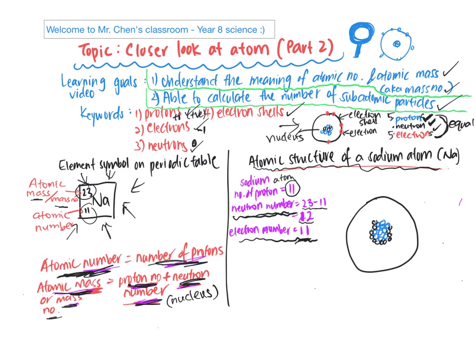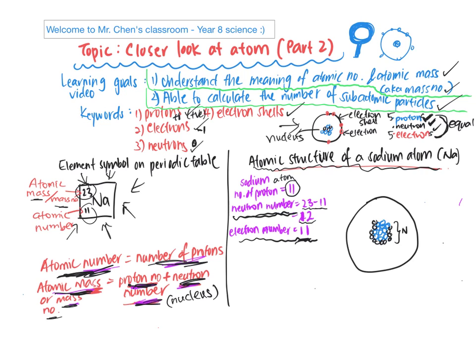So as we know, the nucleus here consists of protons and neutrons. So what you need to do is draw the number of protons and the number of neutrons in that nucleus. So there will be 11 protons. I drew the 11 protons right there already, which are represented by blue color.